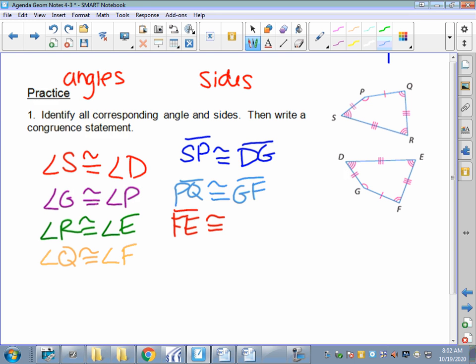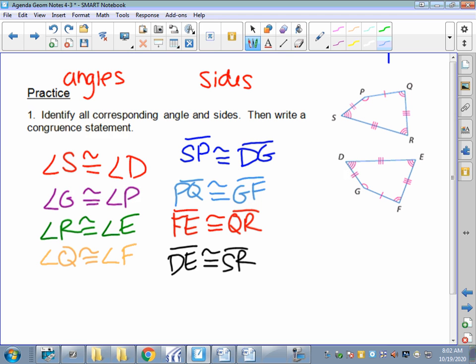So double to the triple is going to have to be QR. And last but not least, what side are we missing? FG, I think. Nope, I have FG already. DE. I don't think I have a DE yet. So side DE corresponds to, that's going to have to be SR.